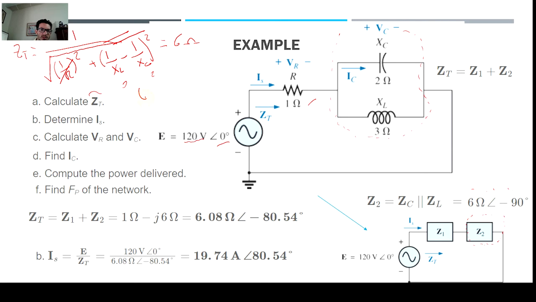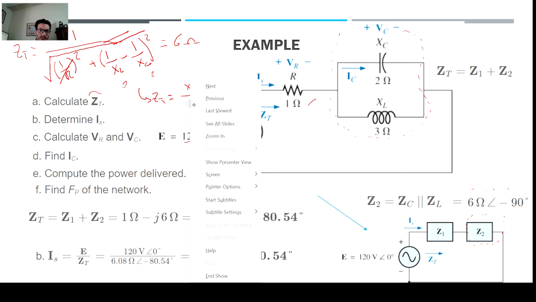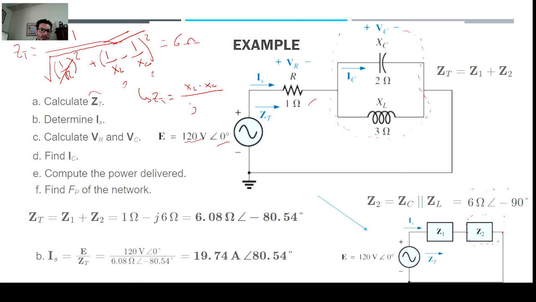Another way of doing this is using phasors, which is simpler to find the angle, and you know that this is going to be XL times XC, the reactance of the capacitor, over 3j minus 2j, right? Which is inductance and capacitance, no resistance.